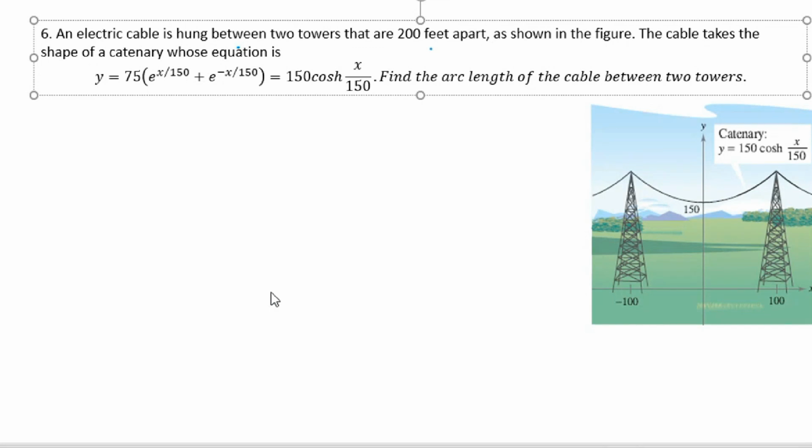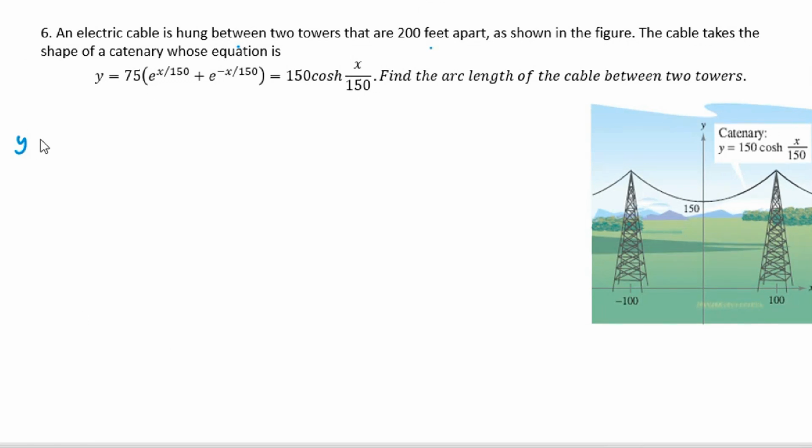Find the arc length of the cable between two towers. Since the given function is y, we have y equals 75 times e raised to x over 150 plus e raised to the negative x over 150.